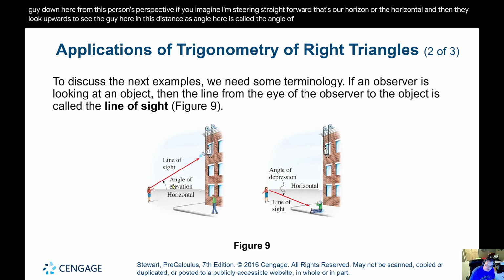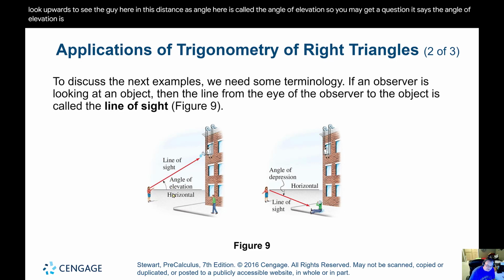So you might get a question that says the angle of elevation is 20 degrees or 44 degrees or whatever. On the other hand, this person is a woman, I believe, looking downwards from her horizontal. This is called the angle of depression. The red line is called the line of sight.